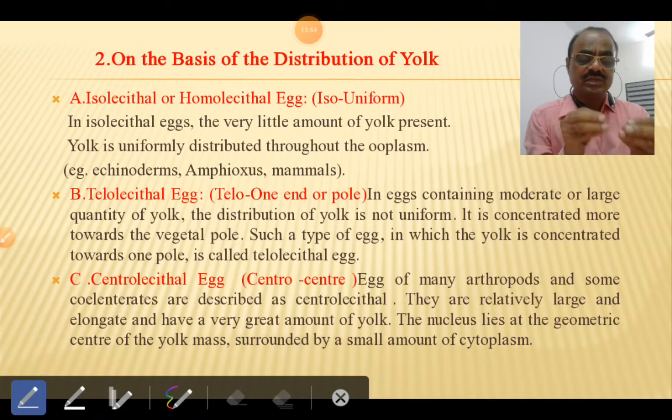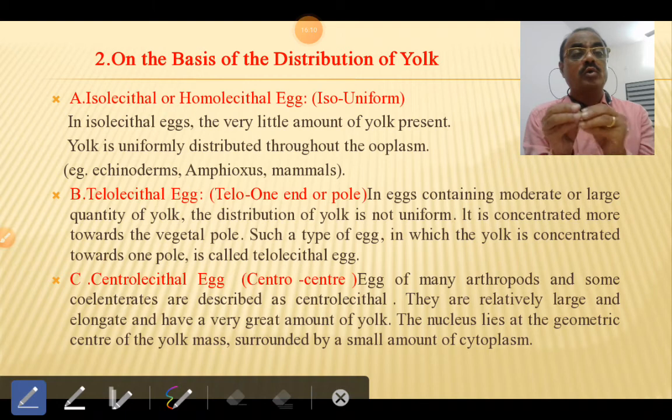The nucleus, which is generally present at the center, lies slightly toward the animal pole. Such is the difference in distribution of yolk and amount of yolk.